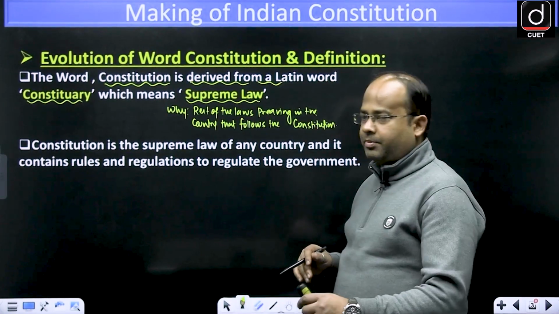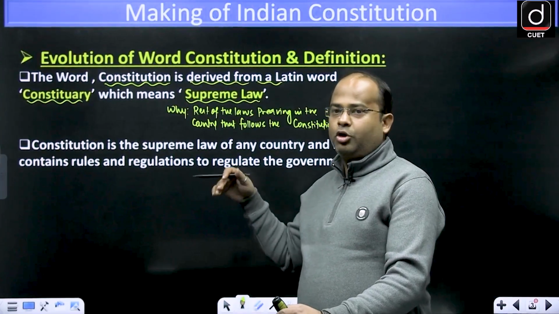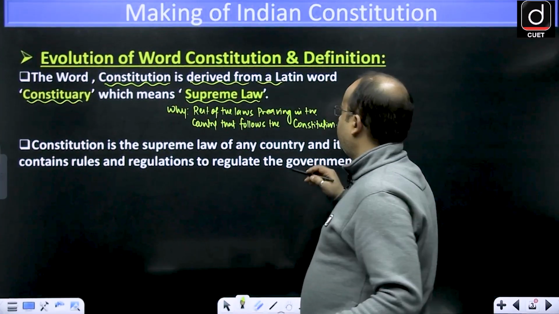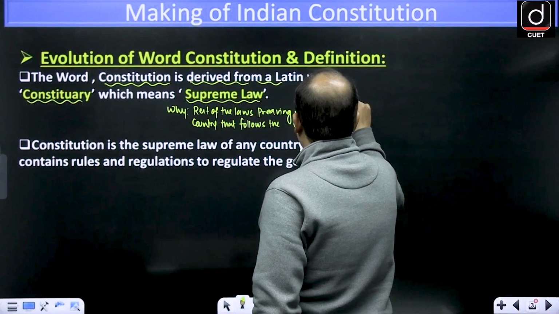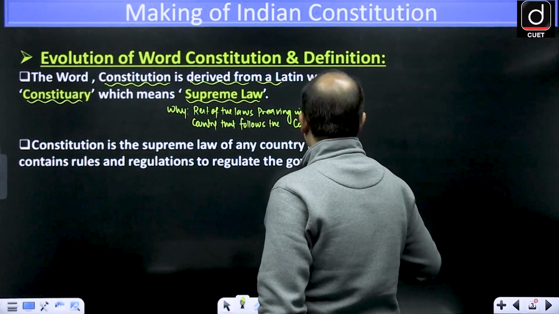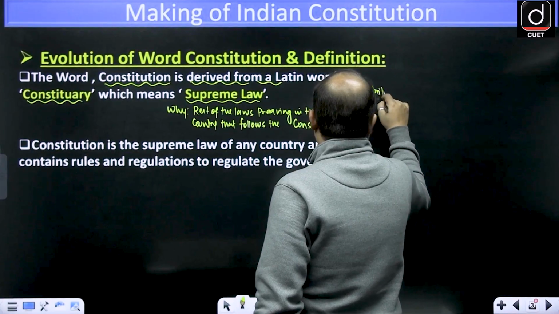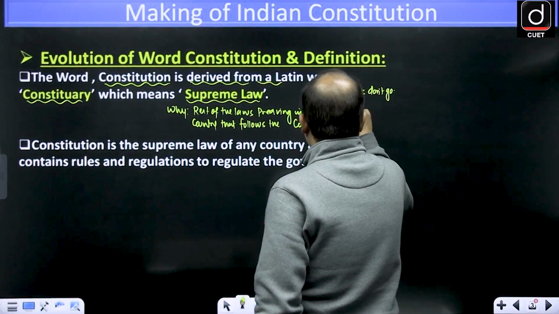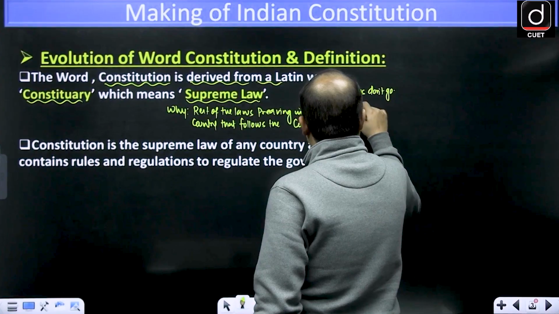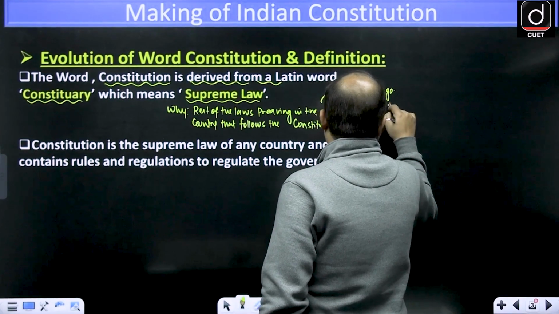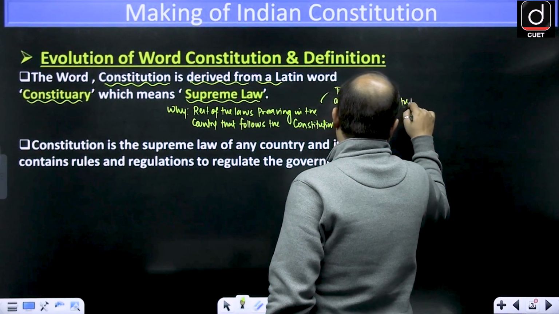So the laws which are prevailing in the country do not go against the constitution.